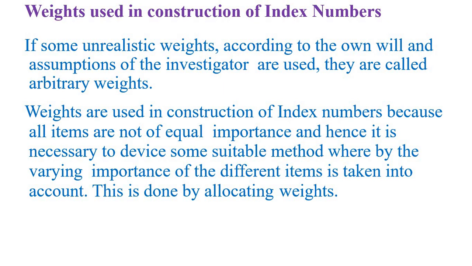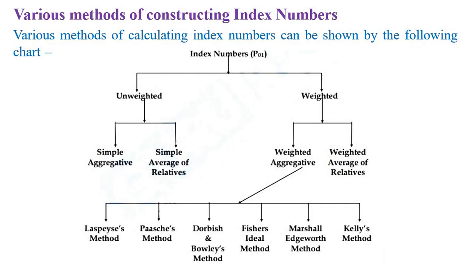Sometimes pepper and mustard we will not take in any kgs, except in some families. We will not give all items equal quantity, so that's the reason we are telling this here. Then we need to choose which method is suitable. Different times and items are taken into account, and this is done by allocating weights, deciding which weight we are going to use.